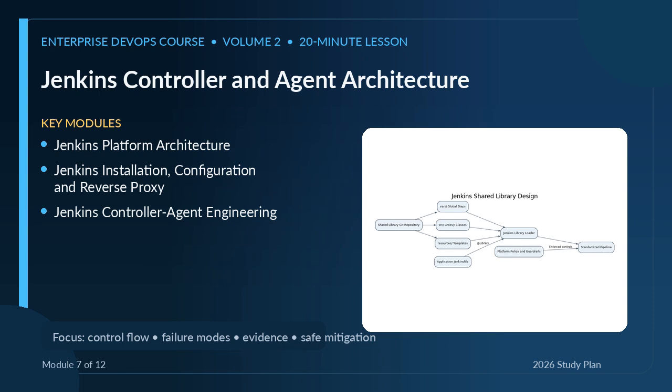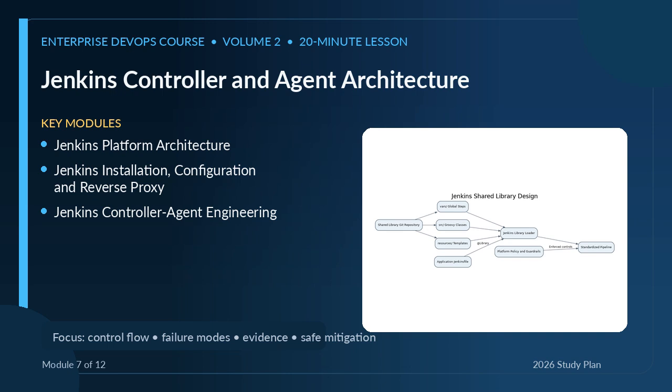The module on Jenkins installation, configuration and reverse proxy establishes the following. Run Jenkins under a dedicated operating system identity. Pin and test controller Java compatibility before upgrades. Place Jenkins HOME on reliable storage with sufficient node capacity and backup support.